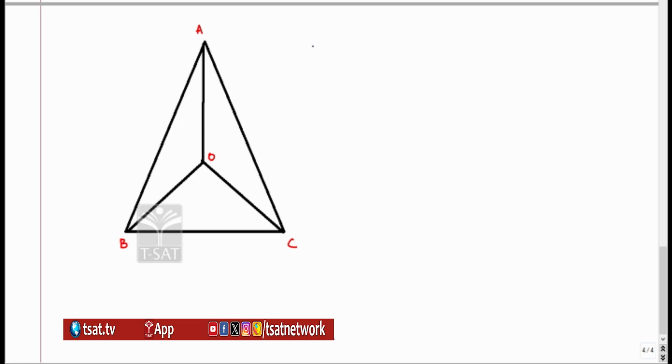We know angle BOC is 180 minus A, or else you can also say it is 180 minus angle BAC.